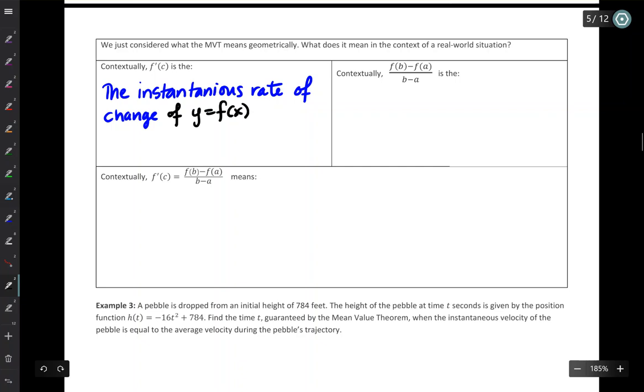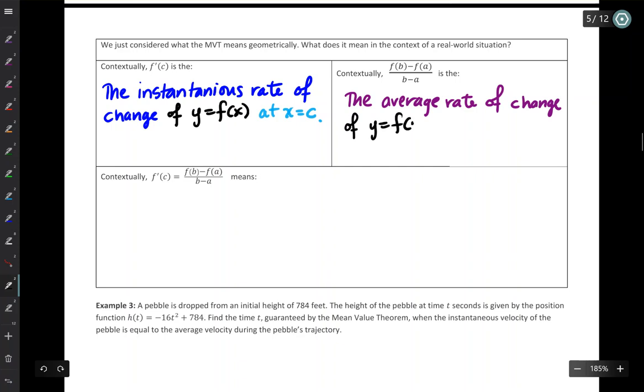Of f of x, at x equals that number c. Whereas this is my average rate of change of what function? Of f, over what interval in the domain? A to B.